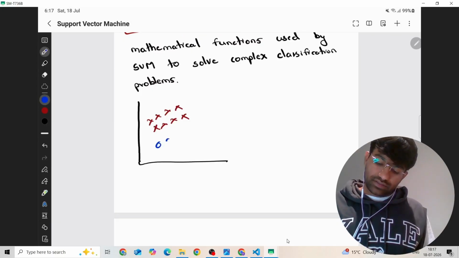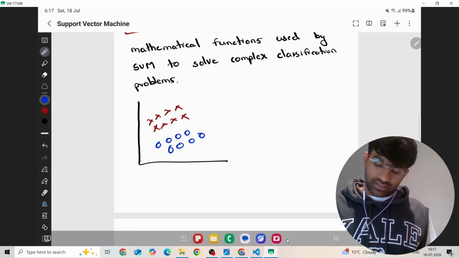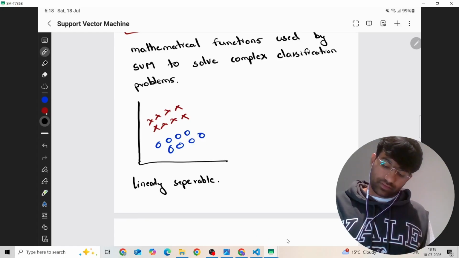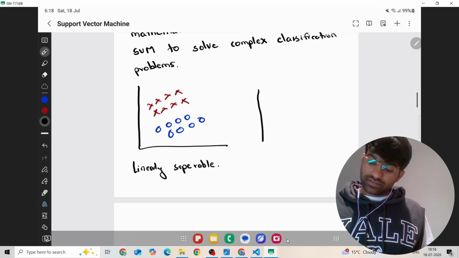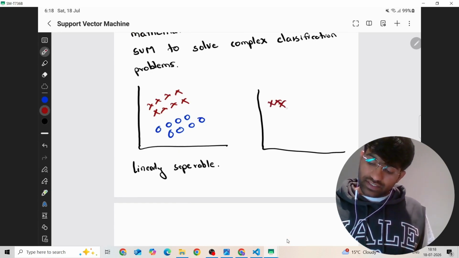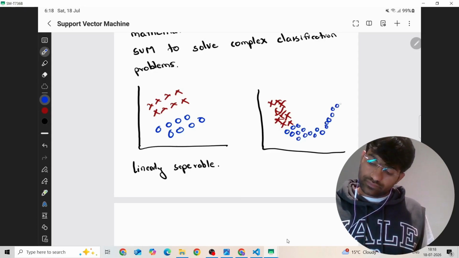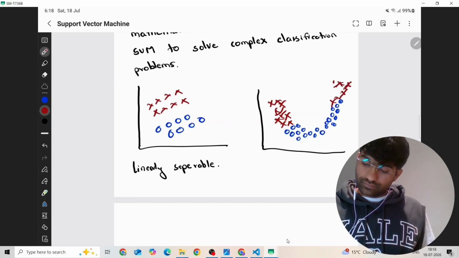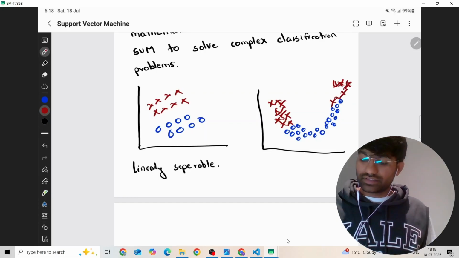This is linearly separable data. In some cases, the data might be like this.